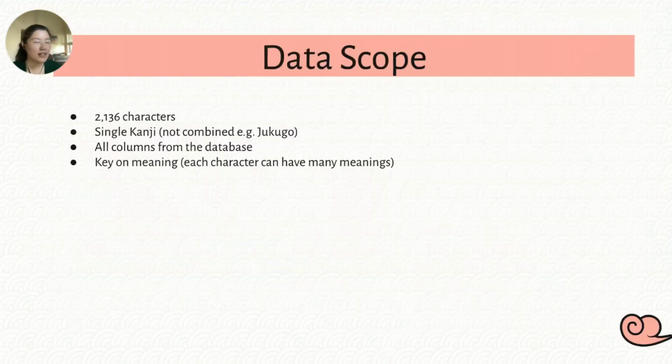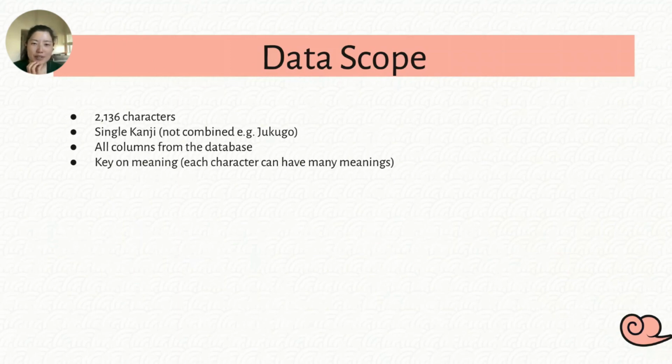In terms of scope, I looked at single kanji, standalone kanji, instead of the combined ones. You can put up to 2 to 6 different kanji together to create more complex words.